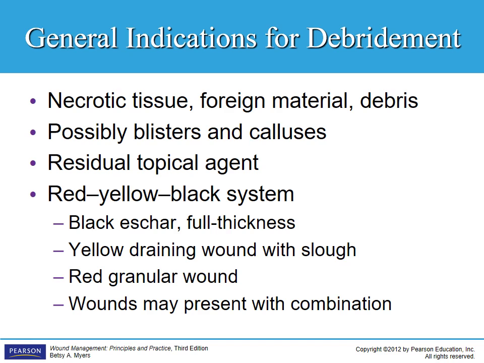Another indication for debridement is if there's a residual topical agent. It's no longer on the market, but there used to be this topical antibacterial agent that you would put on a wound called Panafil, and it was green, and the green was chlorophyll. So you used it not only for bactericidal effects, but it also would control smell.